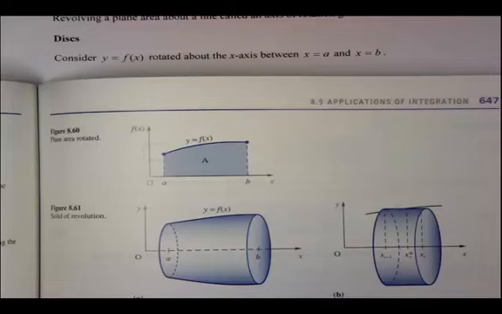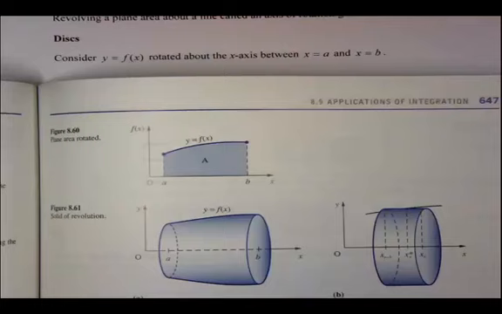I take out a little slice and I say, well, it's got radius this, and it's got width, if I do them quite narrow, delta x. If I know what its radius is, do I know its area? Right, okay. So the area is pi r squared, but it's actually a little cylinder, a bit narrow.